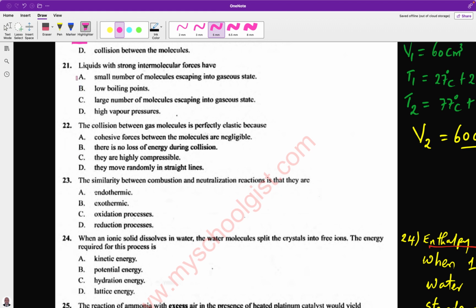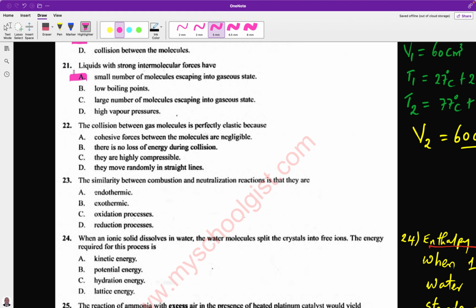Question 22. The collision between gas molecules is perfectly elastic because the cohesive forces between the molecules are negligible. There is no loss of energy during collision.